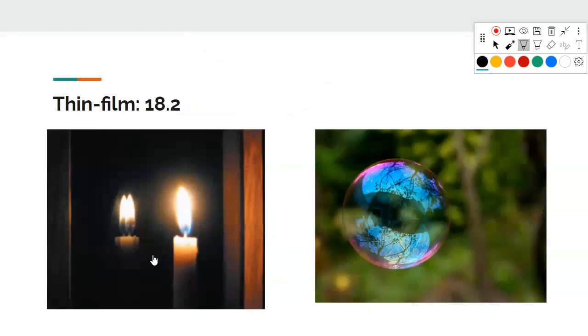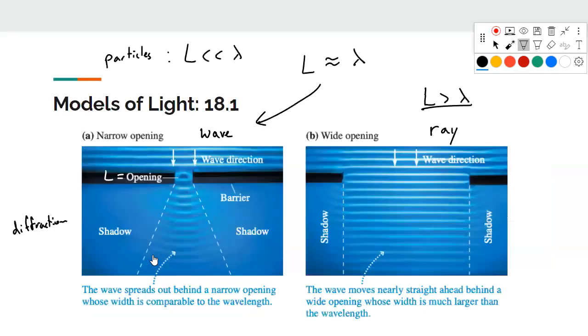Okay, so for the rest of the chapter, though, we'll just assume light is acting as a wave, and we'll constantly justify this to ourselves by thinking about the way that the scale we're looking at is roughly the scale of the wavelength. For all of chapter 18, we'll be using this wave model of light because it will be appropriate for the types of phenomena that we'll be discussing.